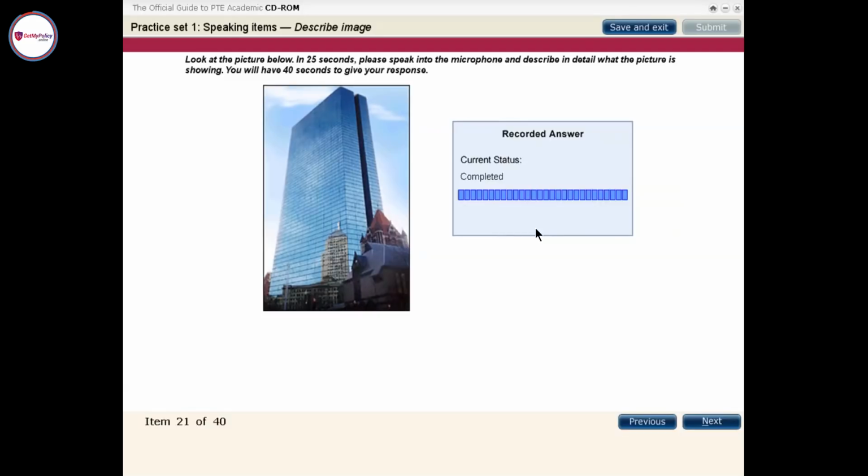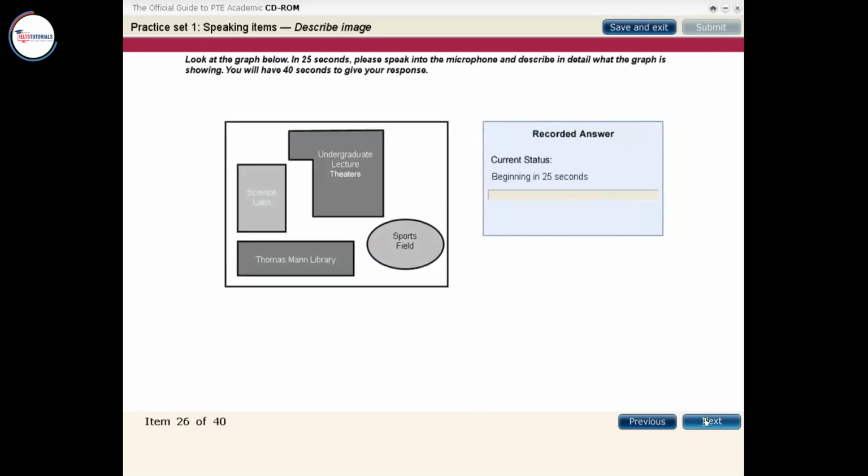Now some people told me about maps. Sometimes a map comes like a plain map. So I don't care. I'll start speaking about the shapes over here. Maybe the given map is some college or university campus where there are 4 major buildings. Then you can start speaking about the shapes. As I can see from the image, the sports field is of oval shape, whereas the science lab is of rectangular shape, and so is Thomas Mann Library.